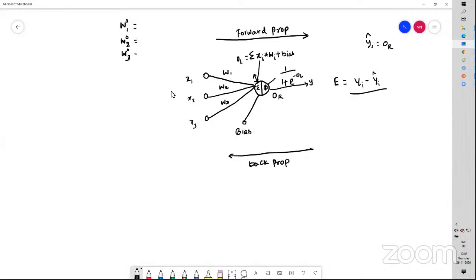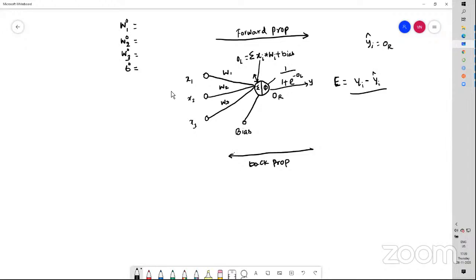We randomly give some values, and also bias. I would introduce bias also, bias for the first iteration, 0, and complete this forward prop. Then estimate the error. What is the error of the forward prop that we have made?